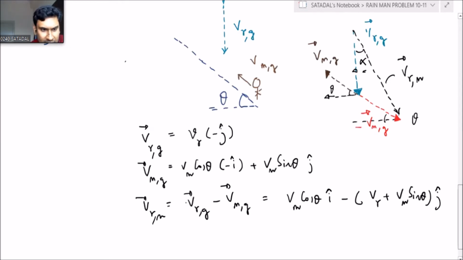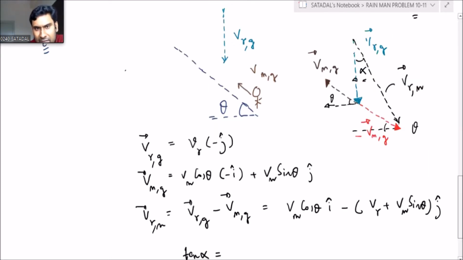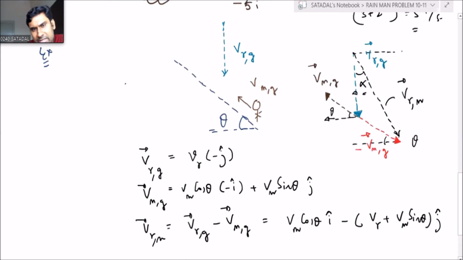tan alpha is equal to, you check this angle alpha. So this angle alpha I have taken with the vertical. So this is the x component. What is the x component? X component is this much. This much is the x component. So that is Vm cos theta. Right now. And what is the y component? This entire is a y component. Right.